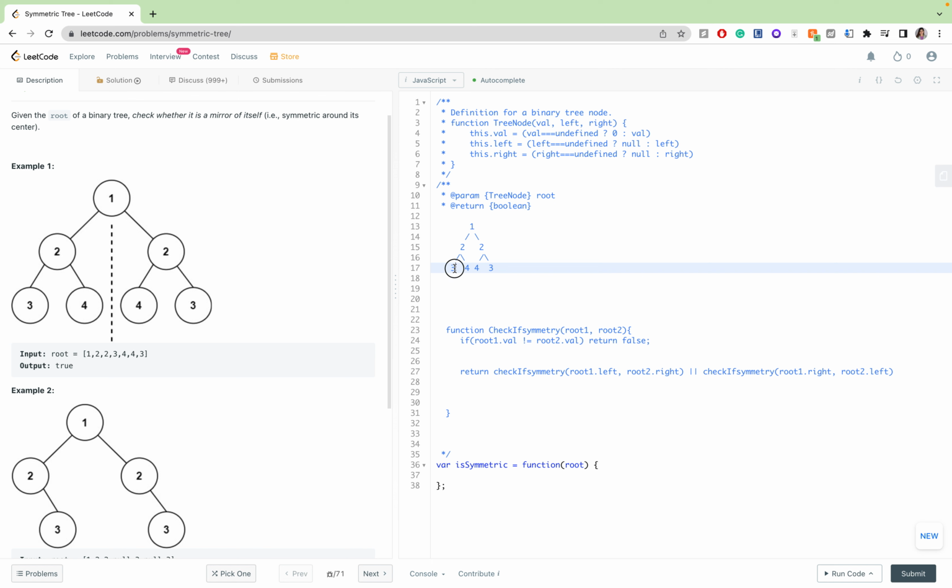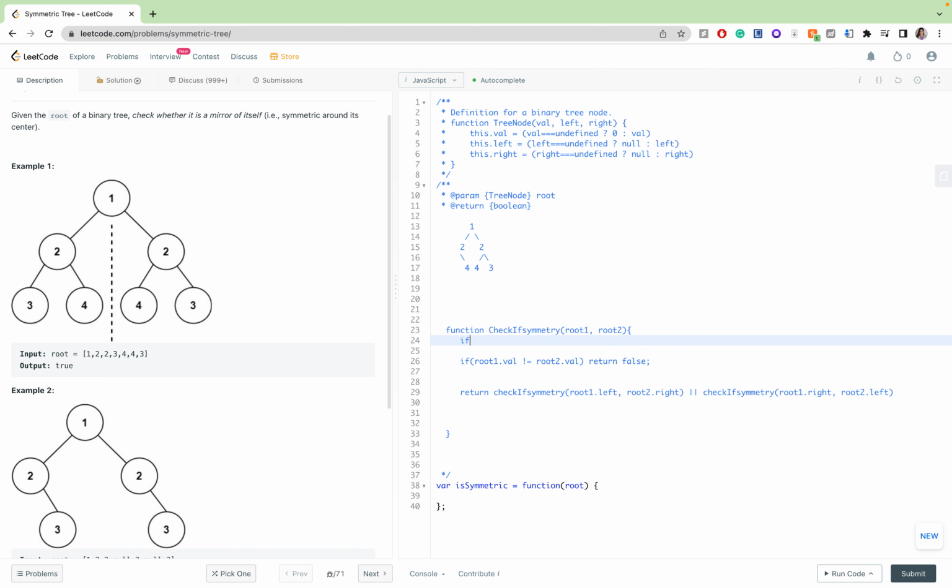Okay, so sometimes what happens is this might be null as well. So what if this is null? Then I cannot produce a value. So I think I should first check root 1. If there is root 1 but not root 2, I mean both should have a value, right? So if one is null but the other one is not null, then in that case also I should return false. So how to check that?